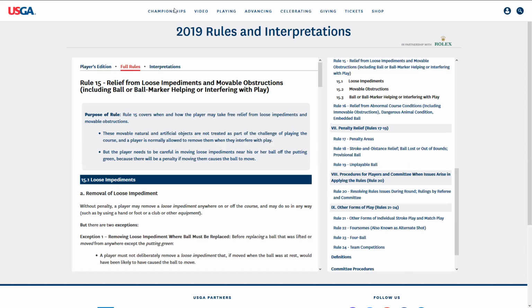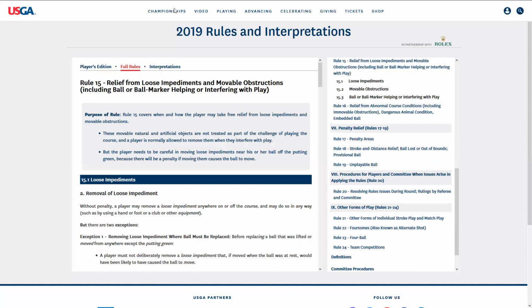Let's look at a couple of definitions that are going to come up in 15. First one is loose impediments. Page 209. Loose impediments: any unattached natural object such as stones, loose grass, leaves, branches, and sticks, dead animals, animal waste.